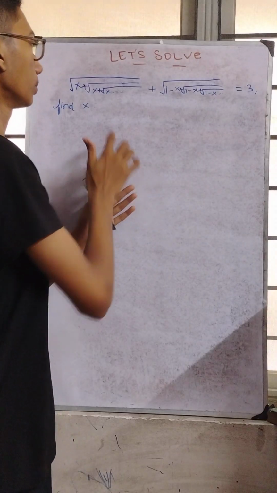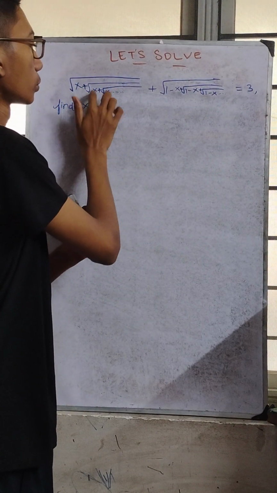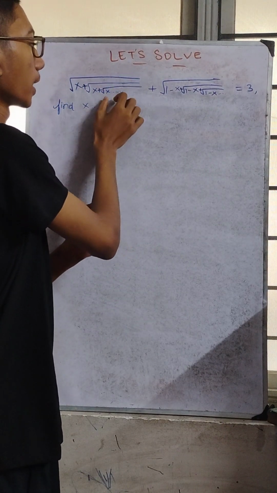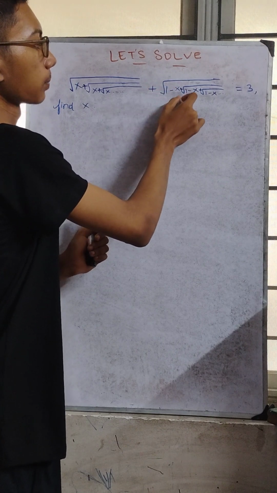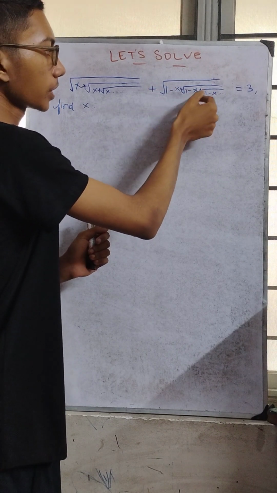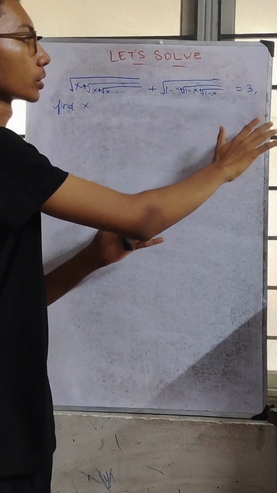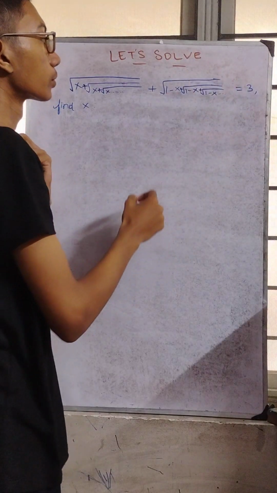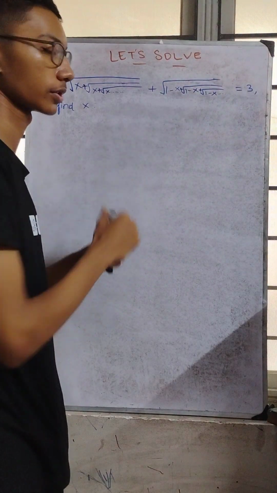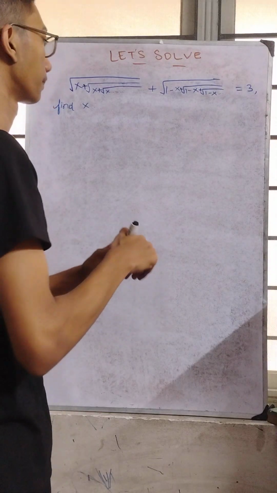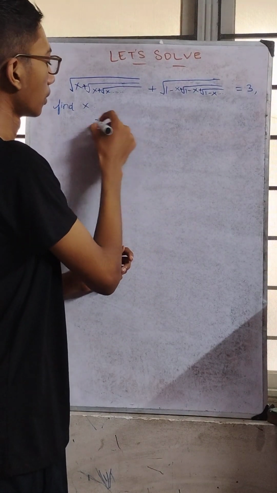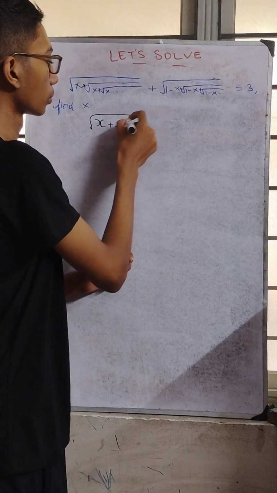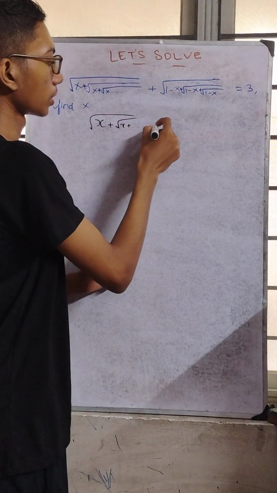So first, the problem is root of x plus root of x plus root of x, and it goes on, plus root of 1 minus x plus root of 1 minus x plus root of 1 minus x, and it goes on. This equals 3. So we need to find the value of x. So how do we do that is, let's take root x plus root x plus, and it goes on.